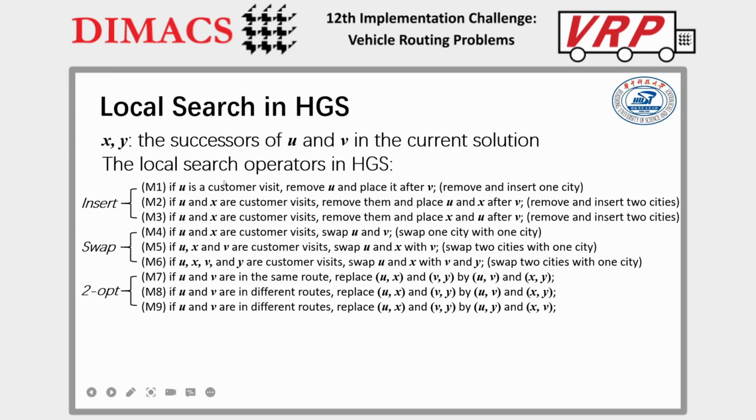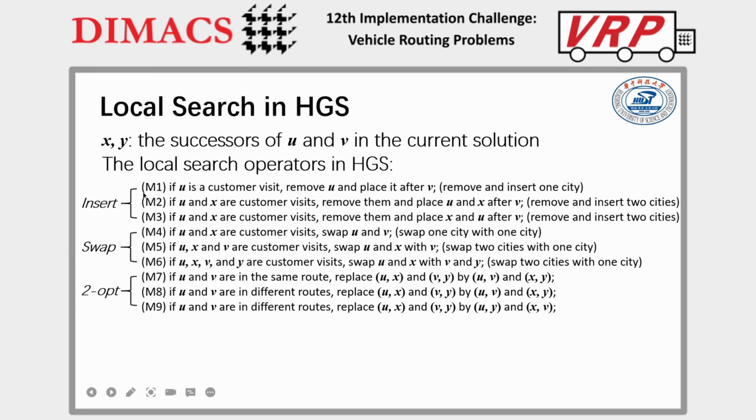Here, we present the local search operators. First, I need to note that cities X and Y are the successors of U and V in the current solution, respectively. For each city pair, U and V, HGS tries to use M1 to M9 to improve the solution.